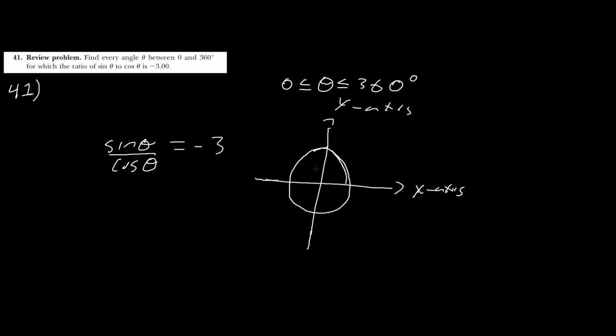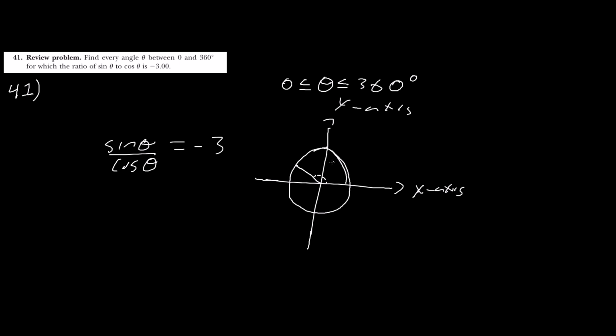Good enough. So let's just say this is a circle, folks, and let's say you want to find the angles between 0 and 360 degrees. So let's look at all the possible solutions. The only possible solution is an angle that, I'm going to kind of generalize this, goes all the way here.